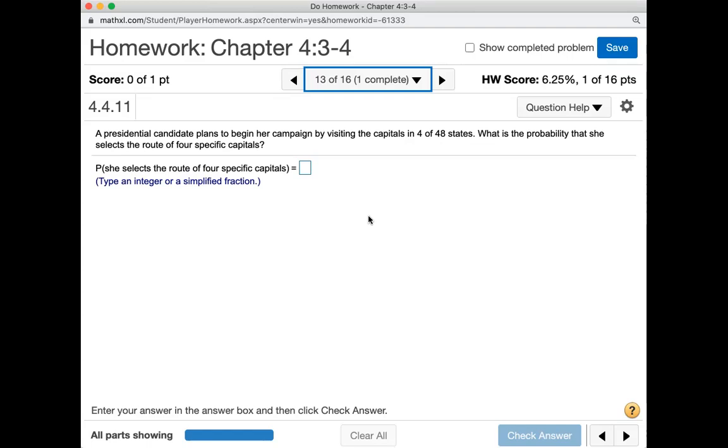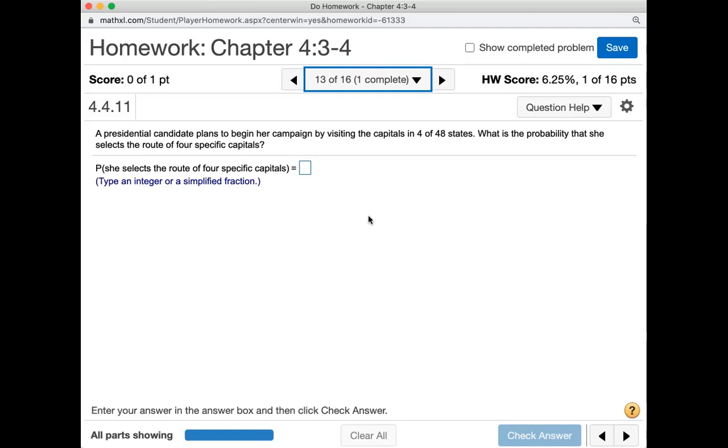When you want to figure out the number of ways to choose part of something out of a total, you need to decide whether the problem is about permutation or combination, and whether replacement is allowed. Replacement is not allowed.